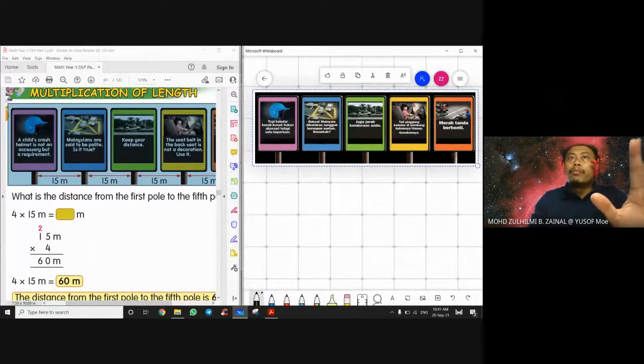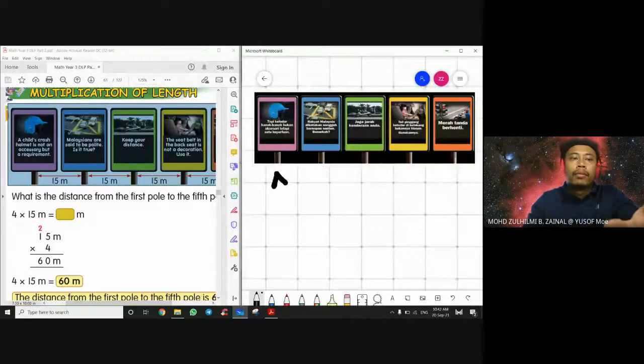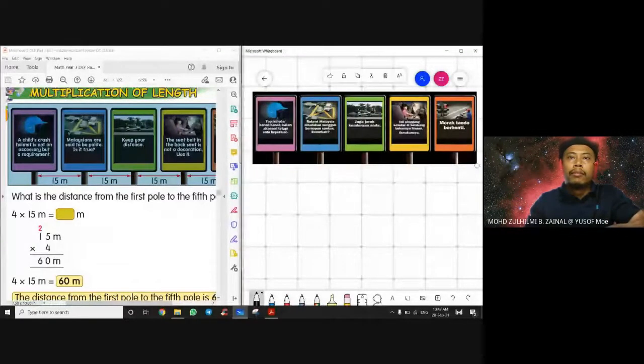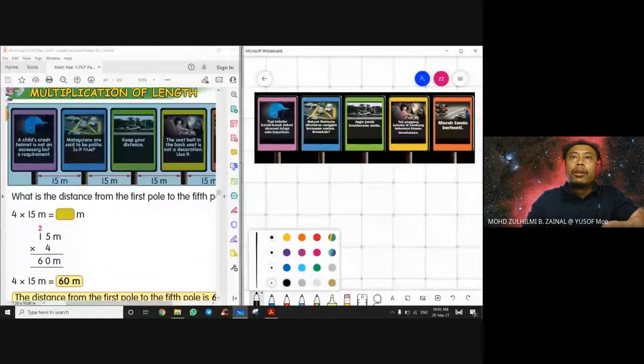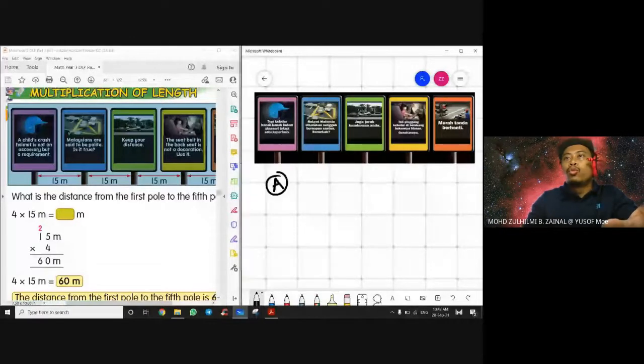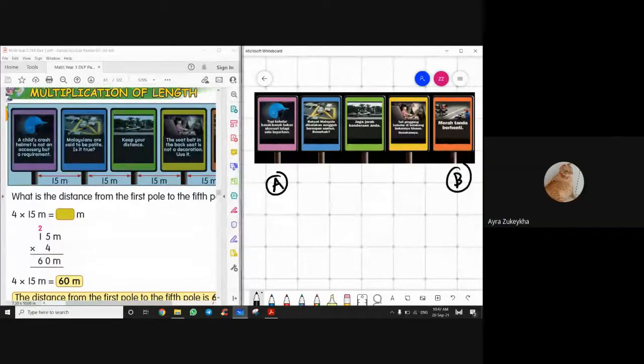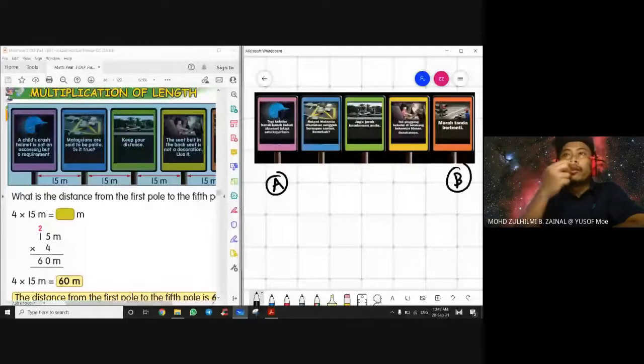Tapi jangan kira signboard. Okay, this is your first point. Okay, starting kamu dekat sini. A to B. Cikgu, A to B ni kena tulis ke? Oh, no need. Tak payah. I just explaining this to you.